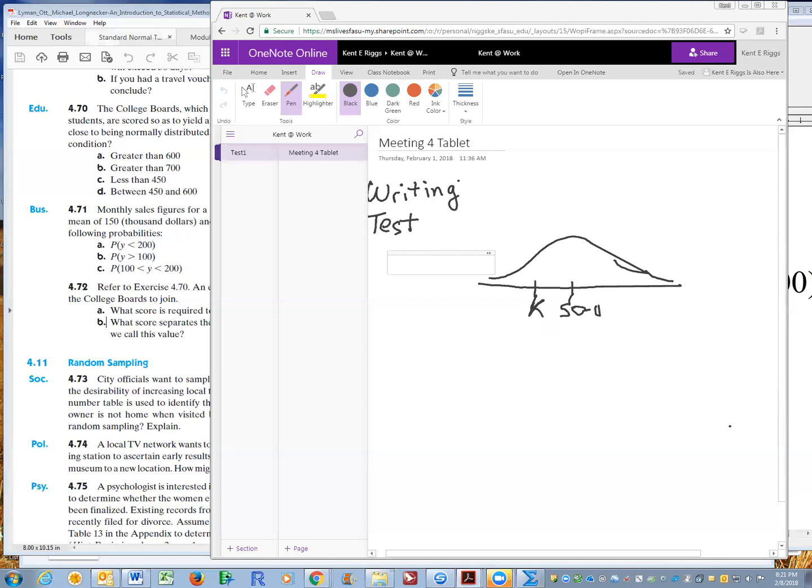Okay, so this is kind of frustrating, this tablet situation. That is 0.3, and this is 0.7, those areas.